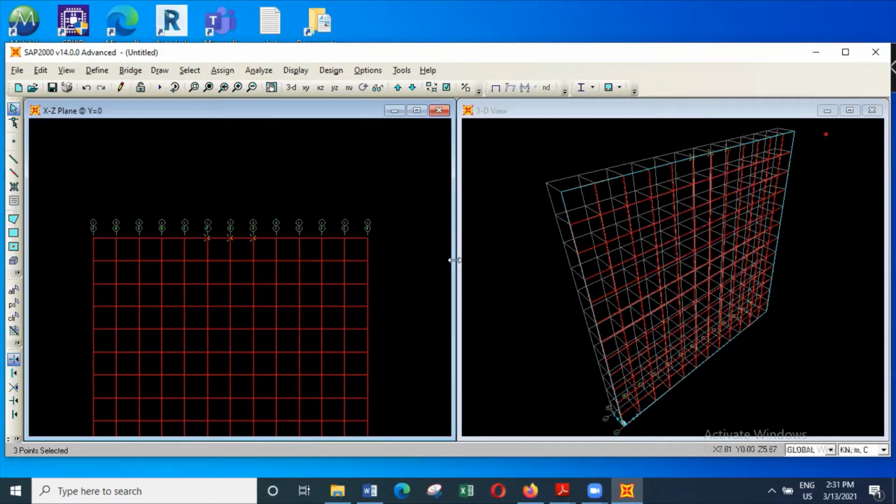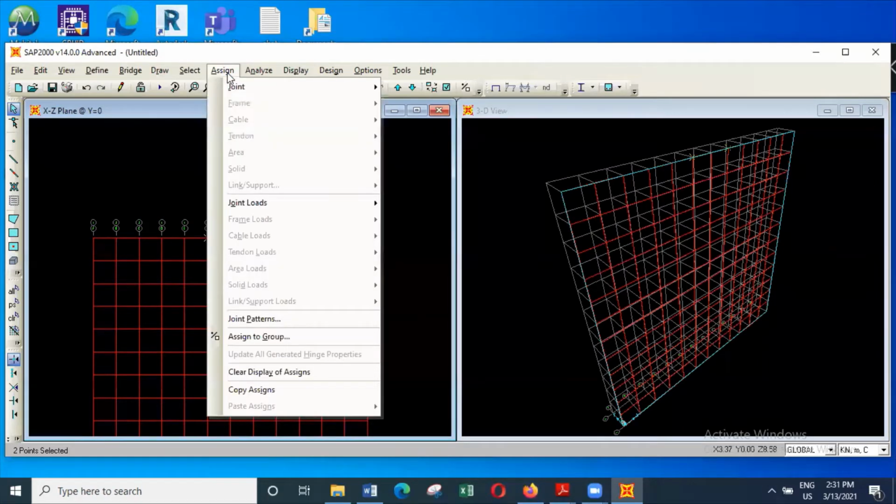You can see that there are 3 nodes because this load is acting over 1 meter, and we can say these 2 nodes will carry 750.